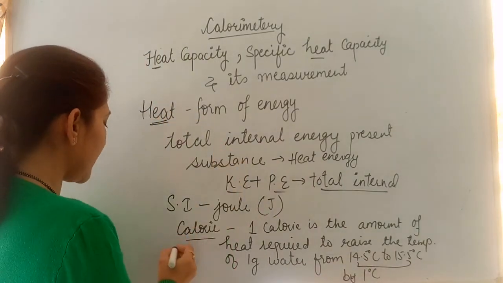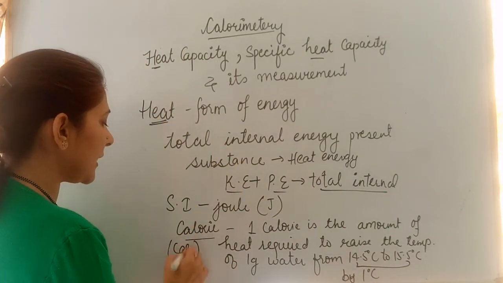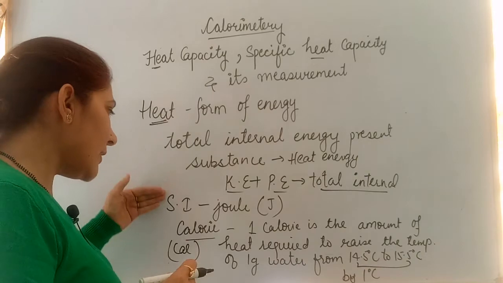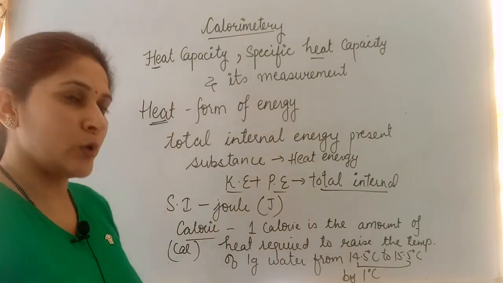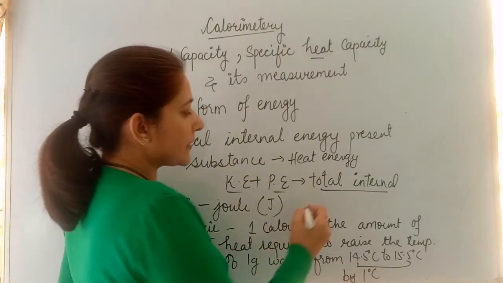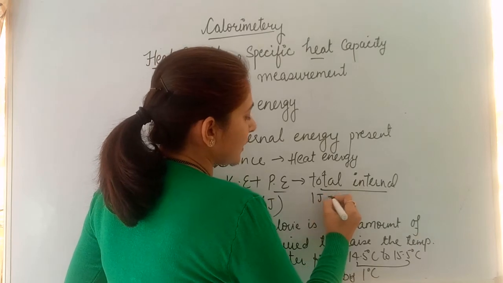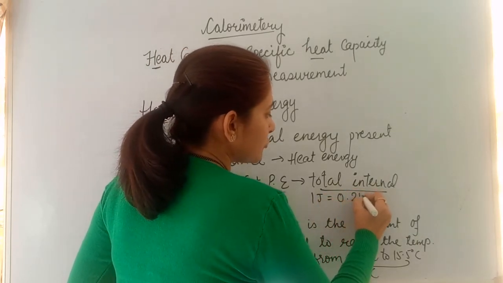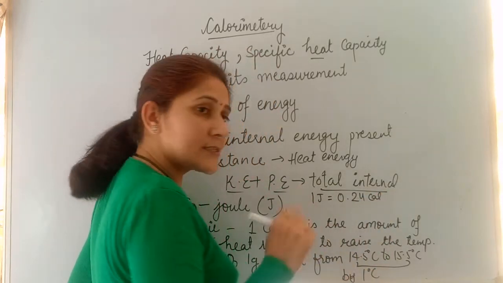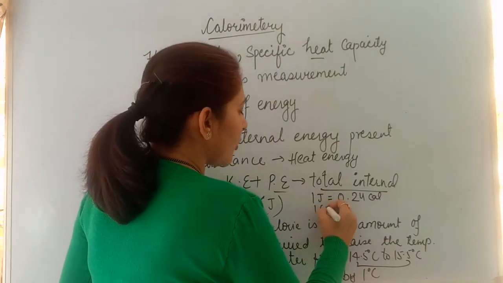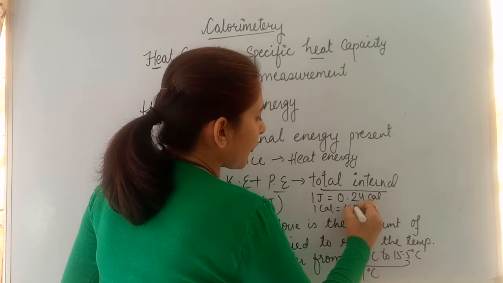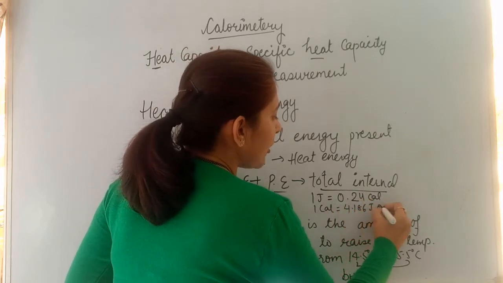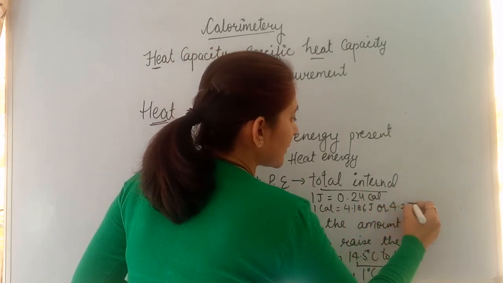This calorie is represented by cal, and the SI unit and calorie are related to each other. How are they related? 1 joule is equal to 0.24 calories, or the reverse can also be asked, that is 1 calorie is equal to 4.186 joule, or sometimes it is written as 4.2 joules.